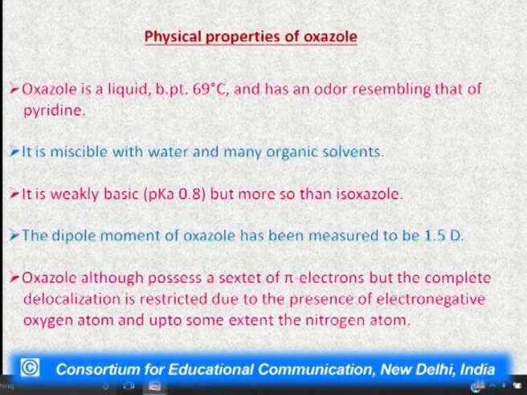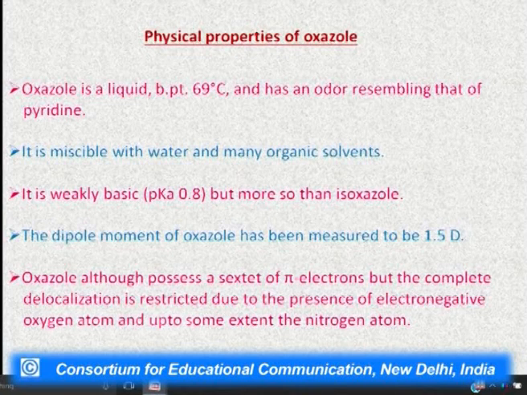Now come the physical properties of oxazole. Oxazole is a liquid with a boiling point of 69 degrees centigrade and has an odor resembling that of pyridine. It is miscible with water and many other solvents also. It is weakly basic with a pKa value of 0.8, but it is more basic than isoxazole, which is a 1,2-azole.